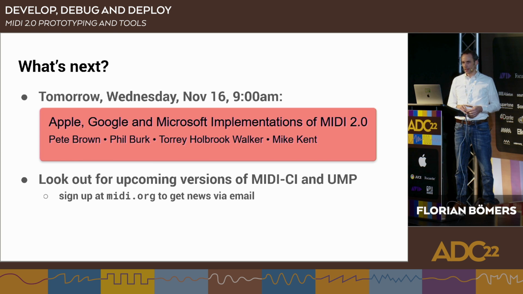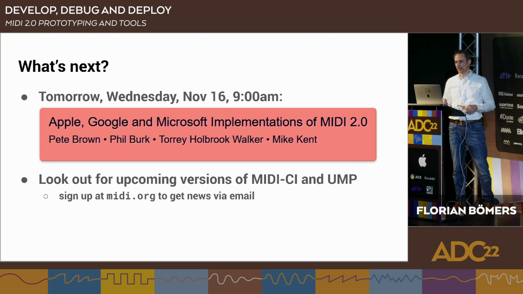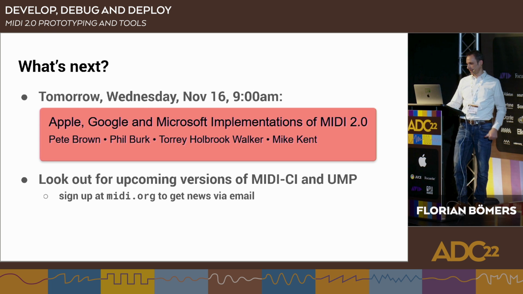And then also, as already said, there will be new versions of the core MIDI-CI and UMP specifications soon. We don't know exactly when. It has to go through the voting process and everything in the MIDI Association, but there will be new versions with some small but significant changes.